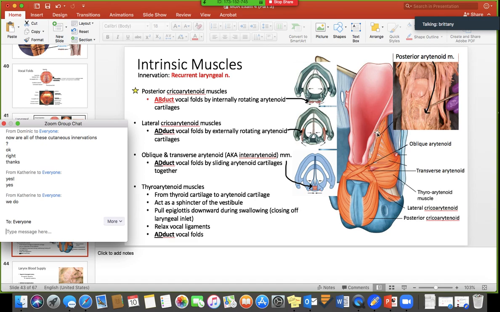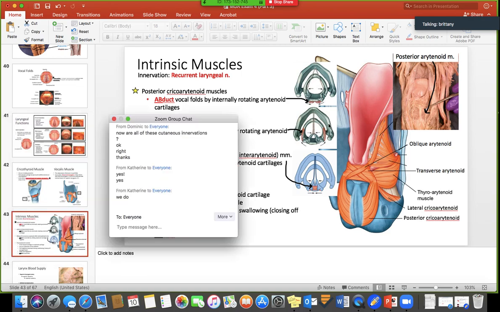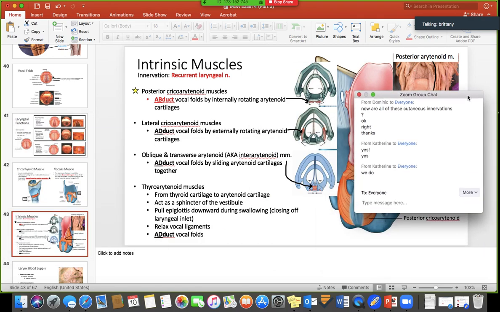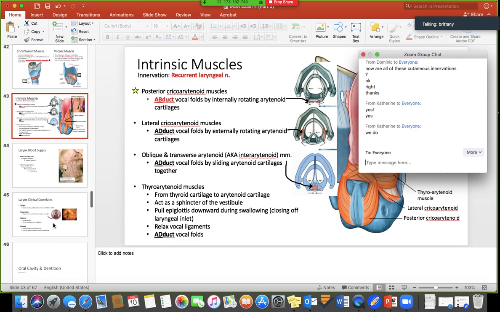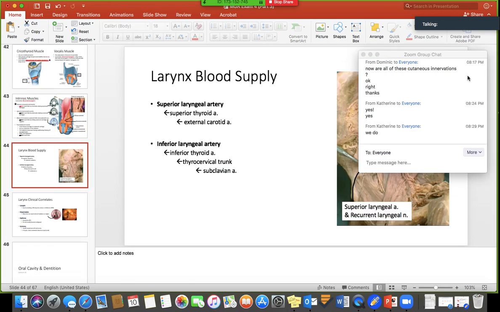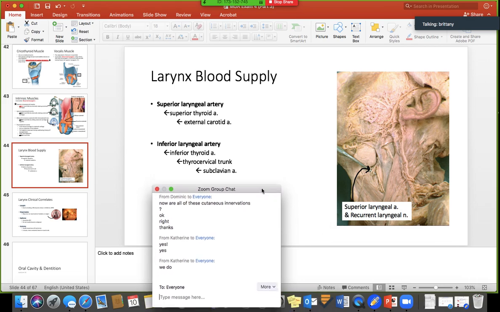And I don't know if you guys saw that high yield lab review that was shared with us last year. And it was very representative of what the real practical was like. So I would definitely take a look at that. Okay.